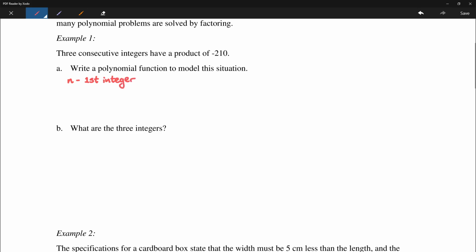Then the second integer will be n plus 1, since the 3 integers are consecutive, and of course the third integer will be n plus 2.